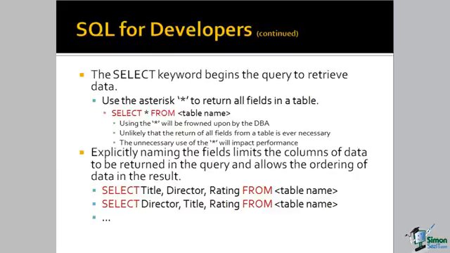If we want to retrieve all of the data in the table, we can use an asterisk or a splat after the select command, followed by the from keyword and a table name. So the command select splat from some table will return all rows and all columns of data from that table.